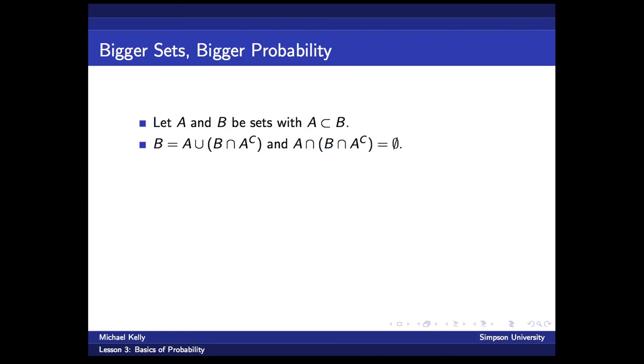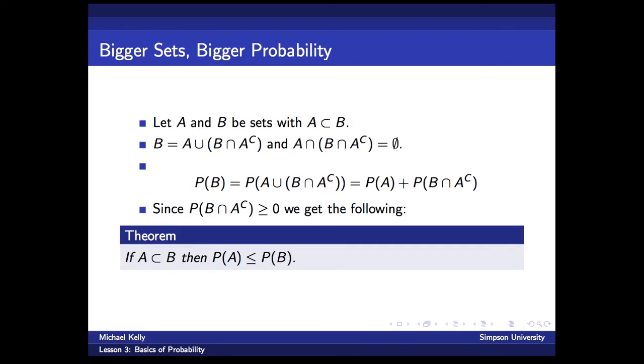Notice that A intersect B intersect A complement is empty, because again, nothing can be in A and not in A. Therefore, the probability of B, which is the probability of A union the set B intersect A complement, can be divided into the sum, the probability of A plus the probability of A complement intersects B. But because the range of a probability is the interval from 0 to 1, the probability of B intersect A complement is bigger than or equal to 0. So dropping that, we get the inequality that if A is contained in B, then the probability of A is less than or equal to the probability of B.